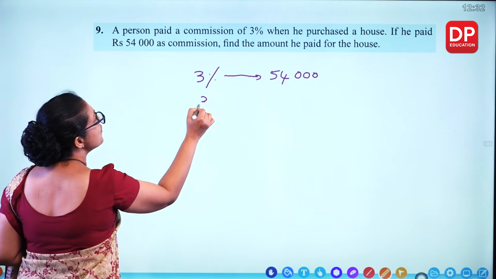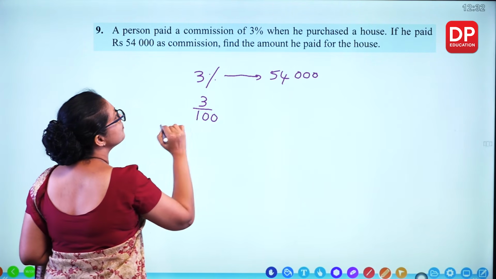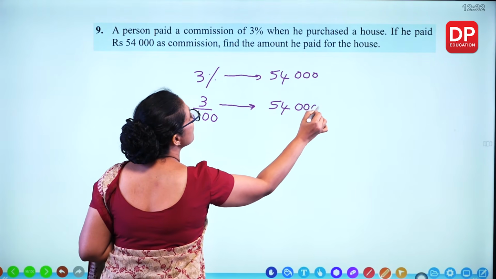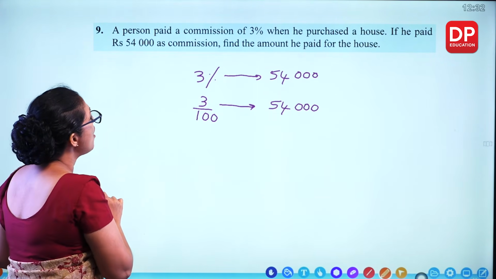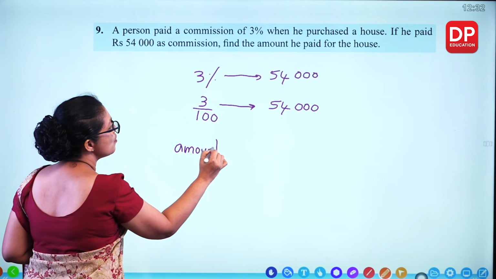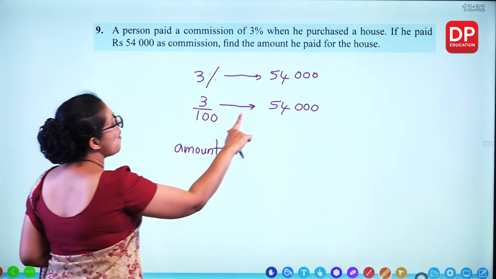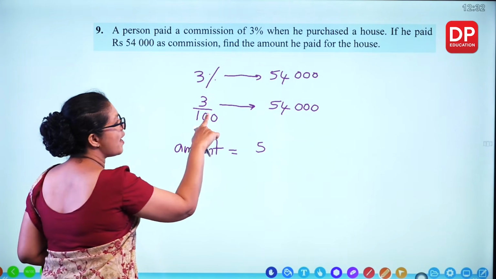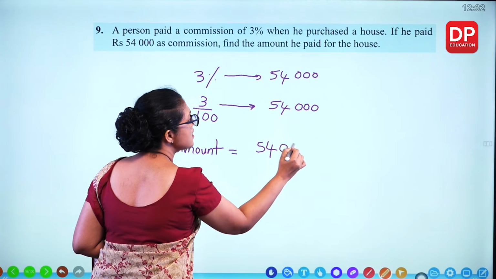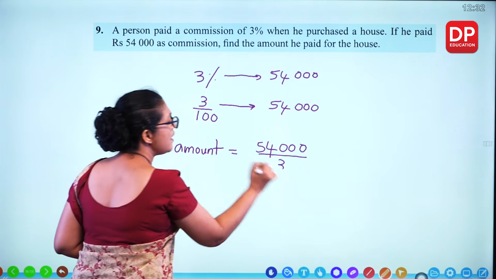That means 3 over 100 is 54,000. So what's the amount? Amount is equal to, this is for 3 parts. 3 parts means 54,000. So what's 1 part? You have to divide by 3.